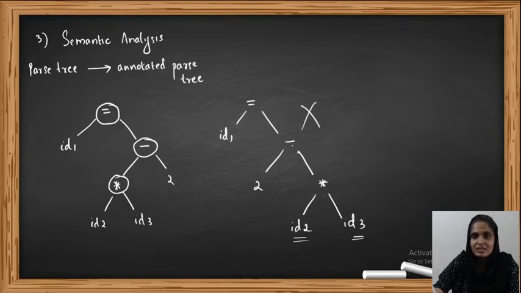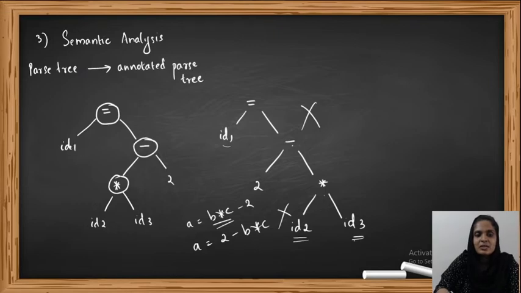Remember, this parse tree is wrong, because here the equation will be like ID1 is equal to 2 minus ID2 star ID3. That is, A is equal to 2 minus B star C. This is wrong. What was our input? Our input was A is equal to B star C minus 2. In this first parse tree, you can say ID1 is equal to ID2 star ID3 minus 2.